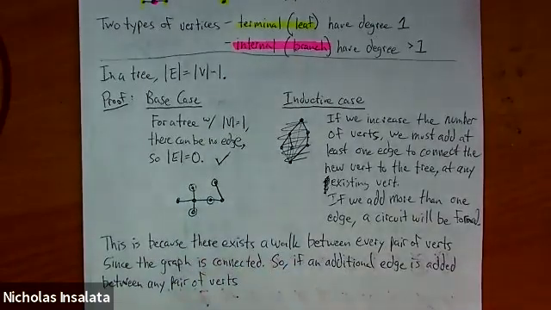Then what's going to happen? There's a second connection, or I would say a distinct walk, a new kind of walk between those two vertices.